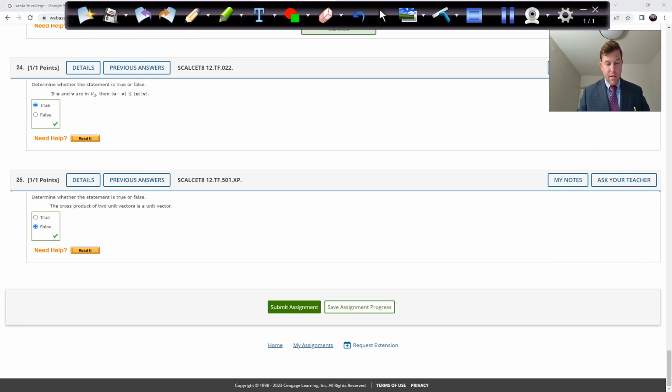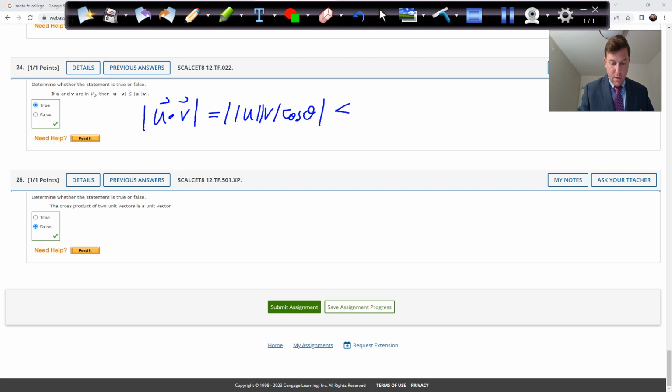Okay, this one is true because if you recall what the dot product is, the dot product is equal to the magnitude of u times the magnitude of v times cosine theta. Well, notice that these two parts are exactly the same.